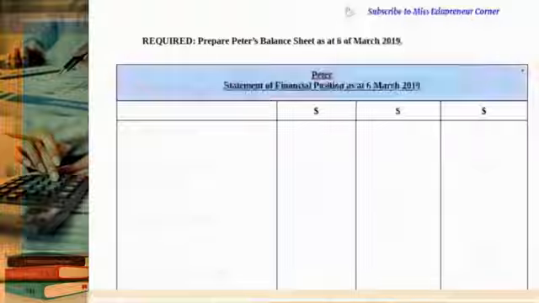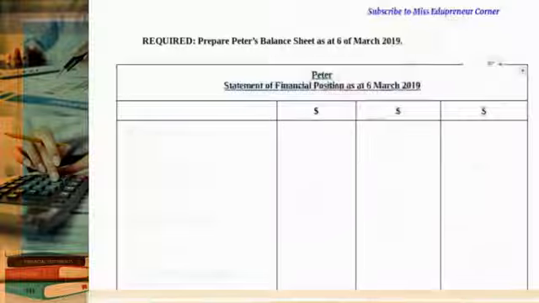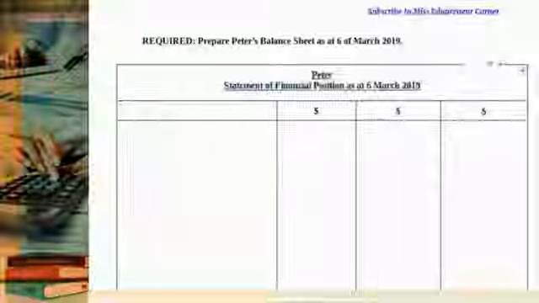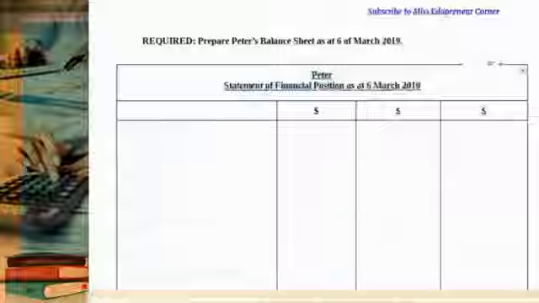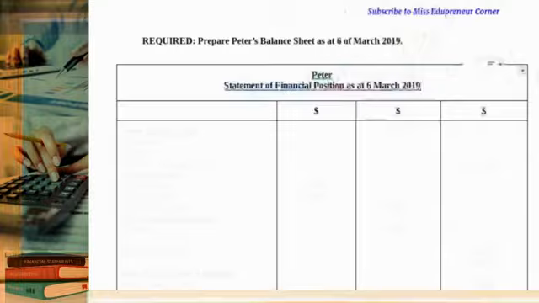So there we have it. That's our title. So Peter, it's Peter's balance sheet. Statement of financial position as at 6th of March 2019. So it answers the 3 questions: whose, what, when.